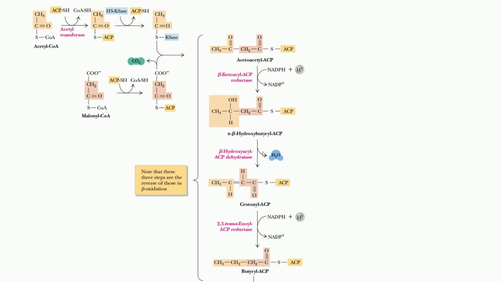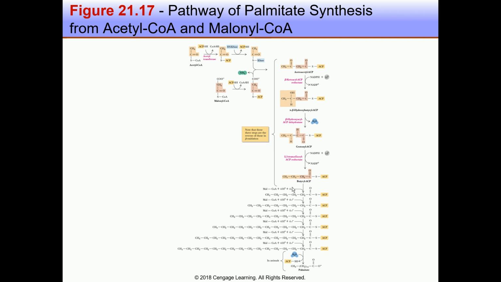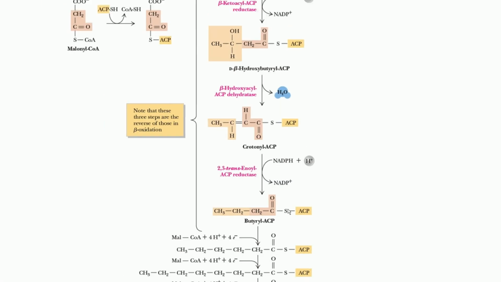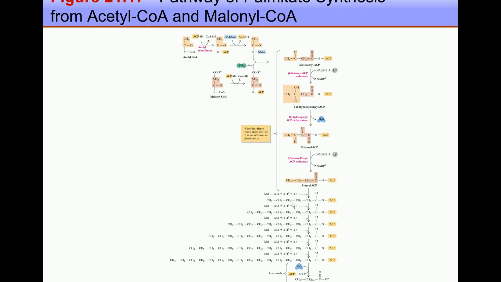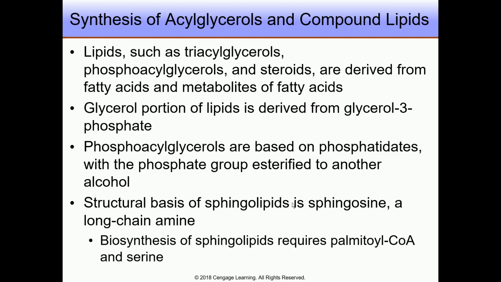And then the next step is a hydration reaction. It's also opposite to the reaction which is taking place in beta oxidation. In the beta oxidation, the second step is actually hydration. Here is dehydration, and here again the next step is the reduction, which means the addition of the hydrogens. Okay, so you can go with this.